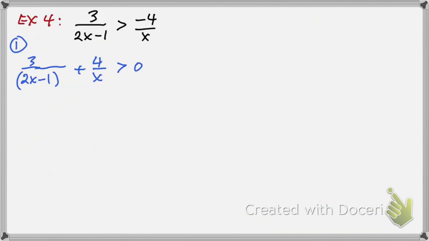But here, what's the common denominator going to be? Be x times 2x minus 1. Good. There's our common denominator. Is there anything x cannot be?